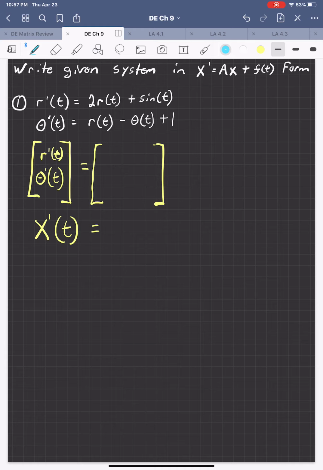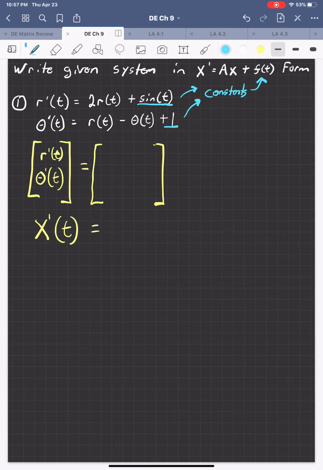So let's agree that sine of t is just a constant, and 1 is just a constant. Both of these are just constants, so they're going to end up going in the f of t portion of this problem.